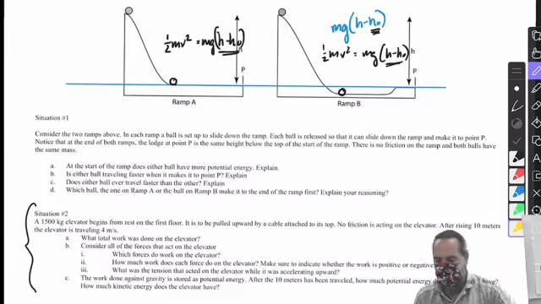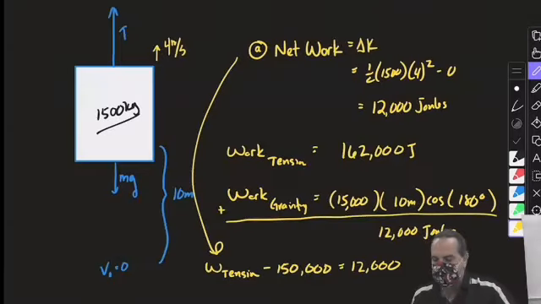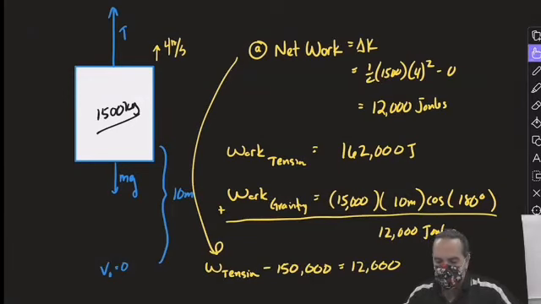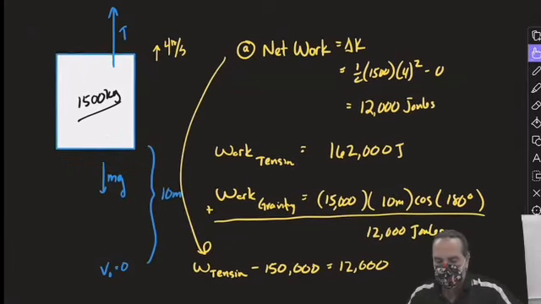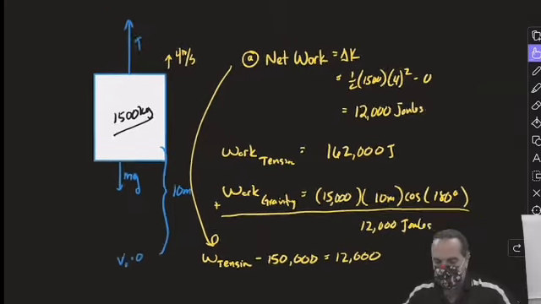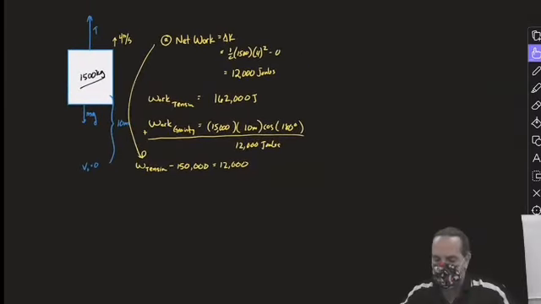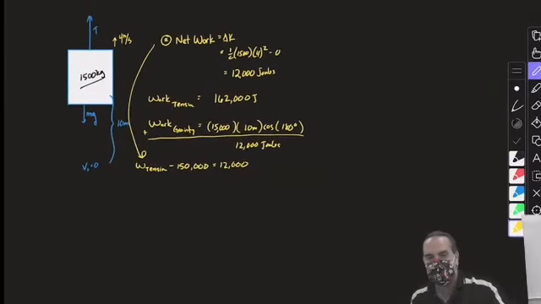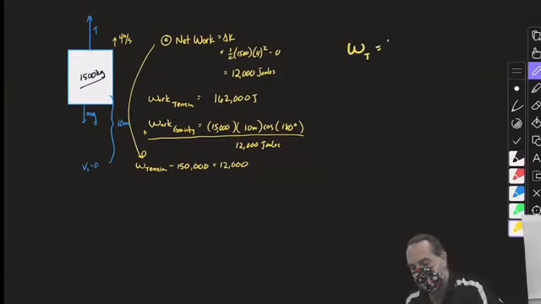What was the tension that acted on the elevator while it was accelerating upwards? The tension requires that I take what I just used and find the tension. The work done by tension has got to be equal to the three things.